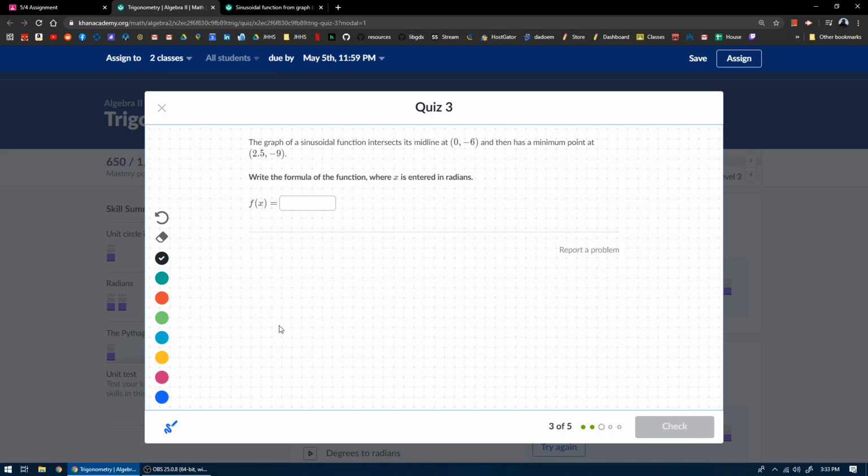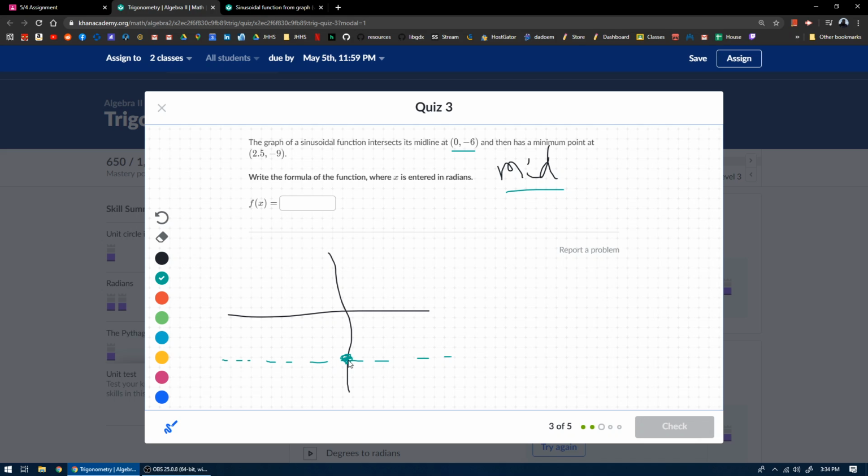Let's graph what this looks like. Actually, let's first take out the numbers. So the midline is actually this part right here. It intersects the midline at 0, -6. That's this point right here.